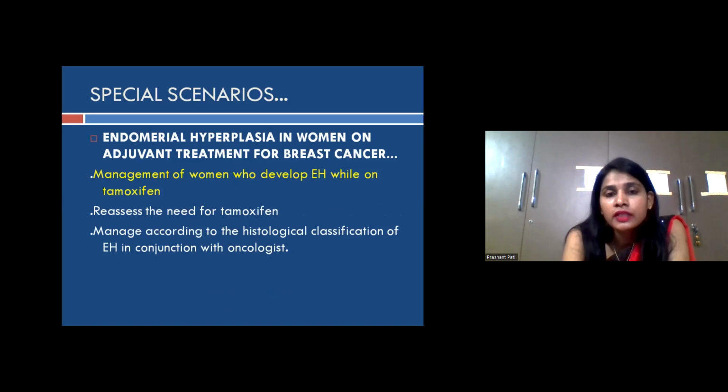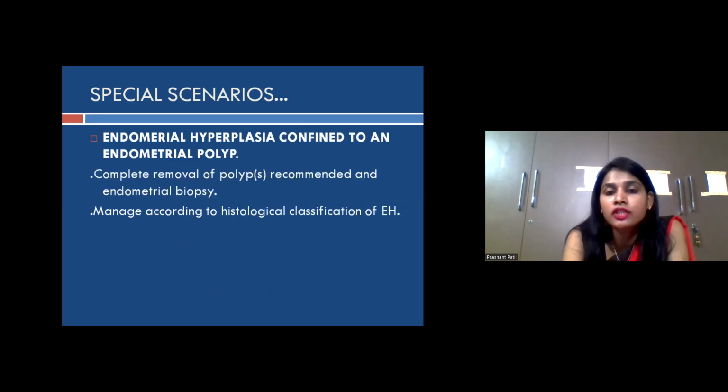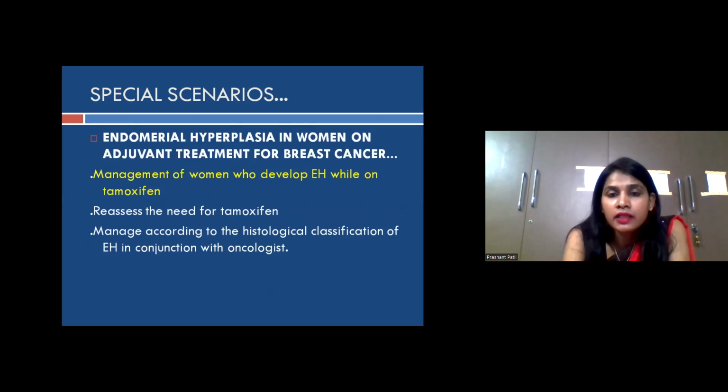So if at all we are managing such a case who develops endometrial hyperplasia on tamoxifen, we have to seriously reassess the need for tamoxifen in her, and manage the endometrial hyperplasia in conjunction with the oncologist.